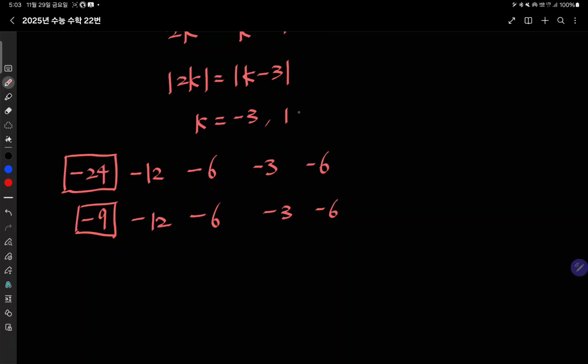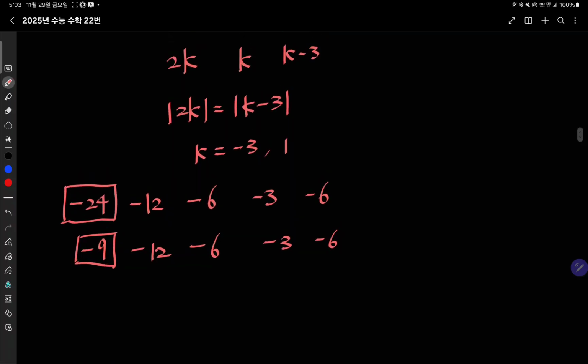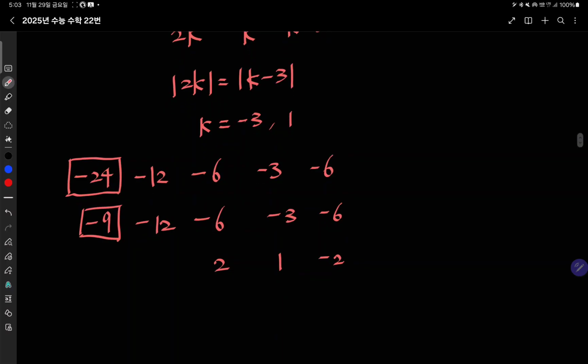And if the value of k is 1, the third term is 2, the fourth term is 1, and the fifth term is minus 2. So if the second term is odd, the second term is 5, and the first term is 10.